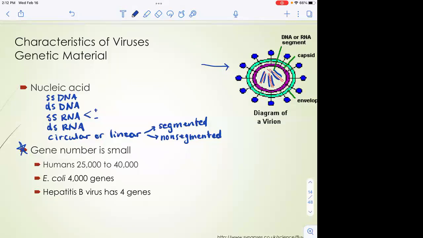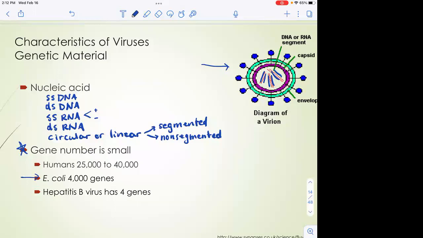Compare a typical bacteria to humans, it's about an order of magnitude less. So about 4,000 genes for E. coli. Viruses are going to be even much less than that. The virus with the smallest genome, hepatitis B, only has 4 genes. Other ones like herpes virus have somewhere between 100 and 200.